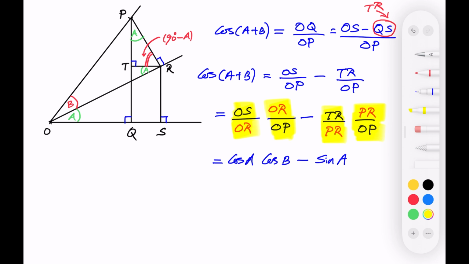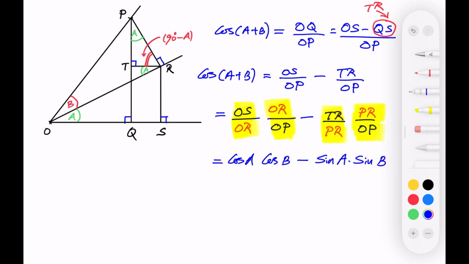PR is right here and OP is right here. By looking at the right triangle OPR, I can identify PR over OP as sine B. Therefore, let me write down this last term as sine B.